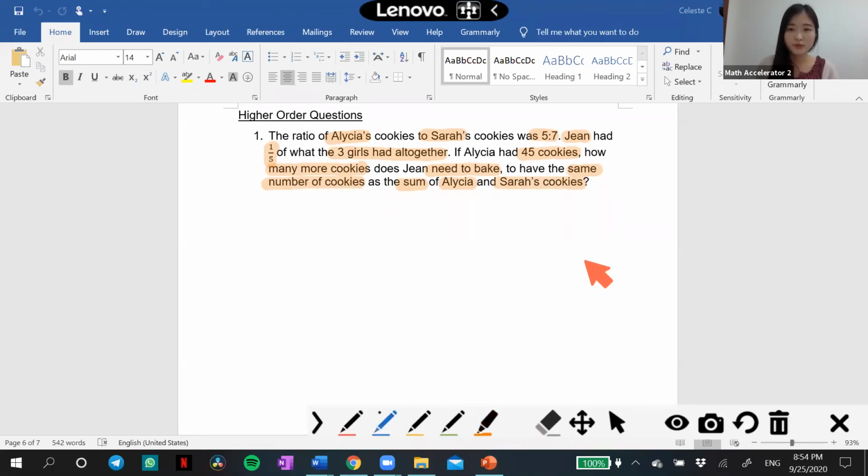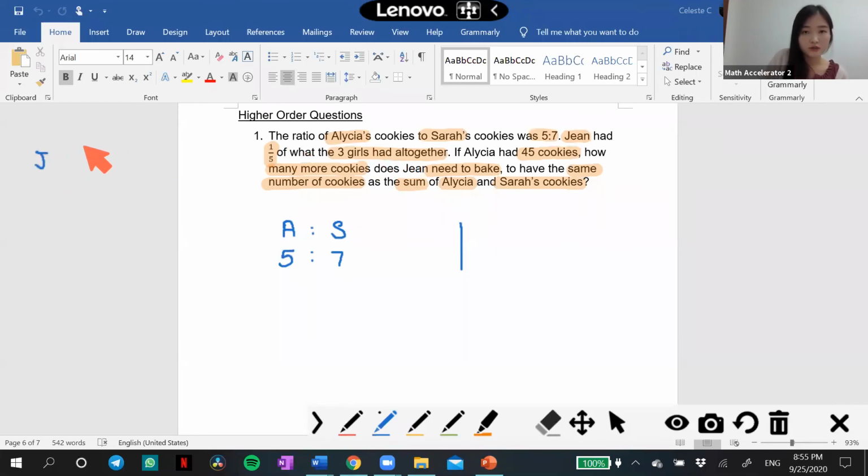Okay, let's break down the question bit by bit. Right, so first of all, we know that Alicia to Sarah, their ratio is 5:7. Right, so step by step, don't be scared by the question. So write down the ratio. Okay, what's the other set of ratio that we know? Jean had 1/5 of what the 3 girls had altogether.